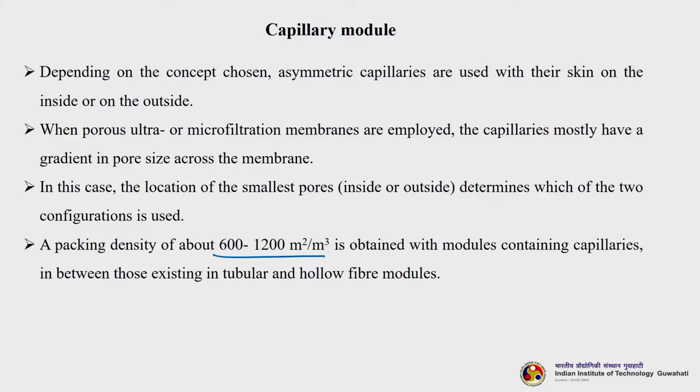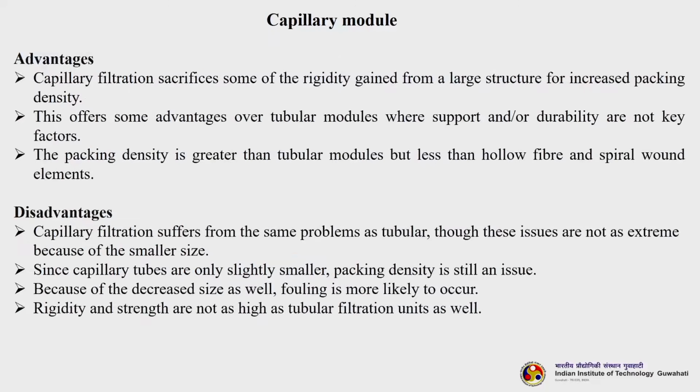So, basically in these systems the packing density is higher than in the other ones, because since they are self supporting, they do not need any support, hence we can pack more and more capillaries inside a particular tube or module. So that we get more packing density, and the overall membrane area increases.